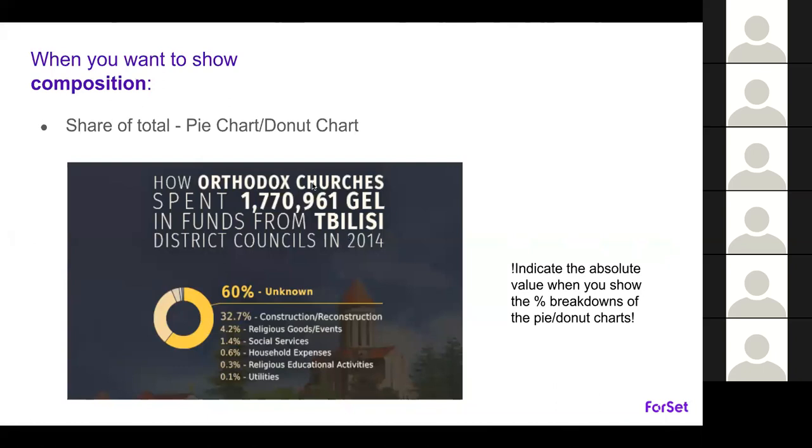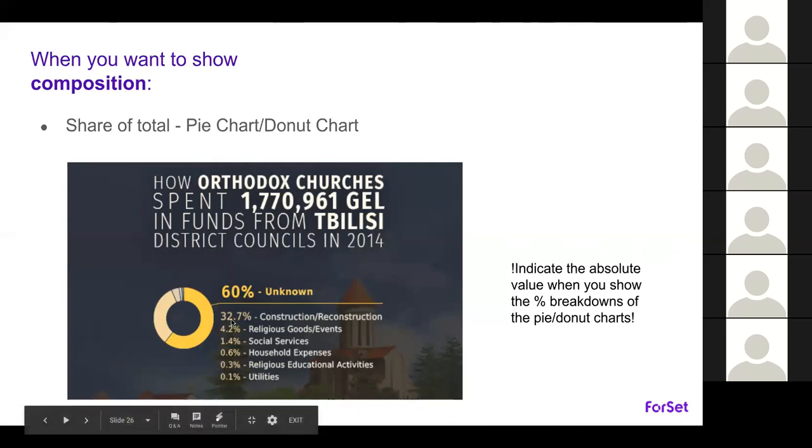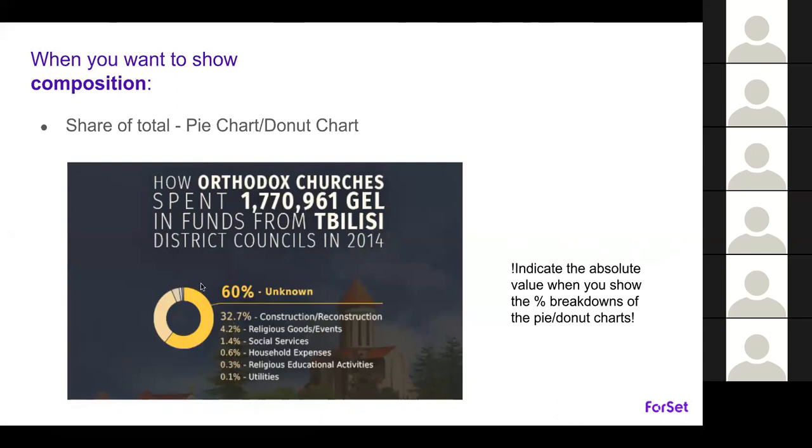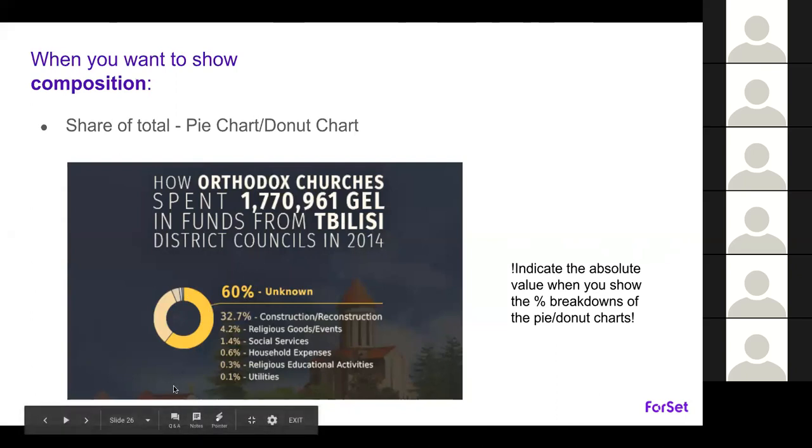If we had not specified how much money we were talking about, it could easily be manipulated, because the amount could have been very low, or even bigger. Anyway, it's always very important that when you show a pie chart with a percentage breakdown, you always indicate the absolute value of the total.